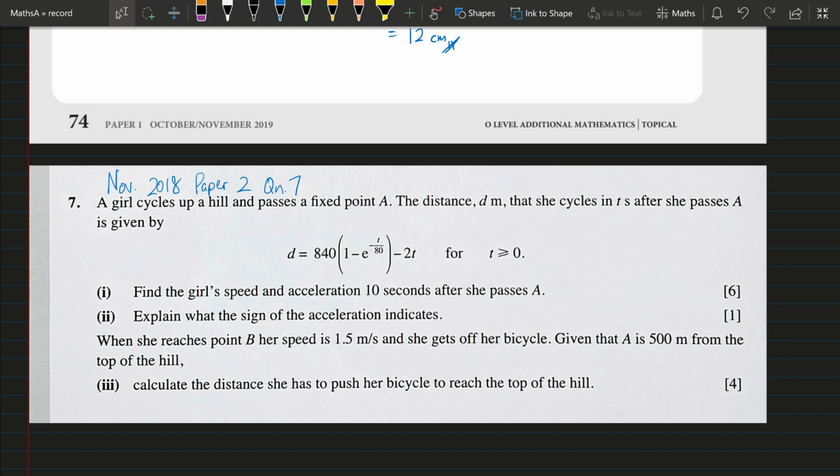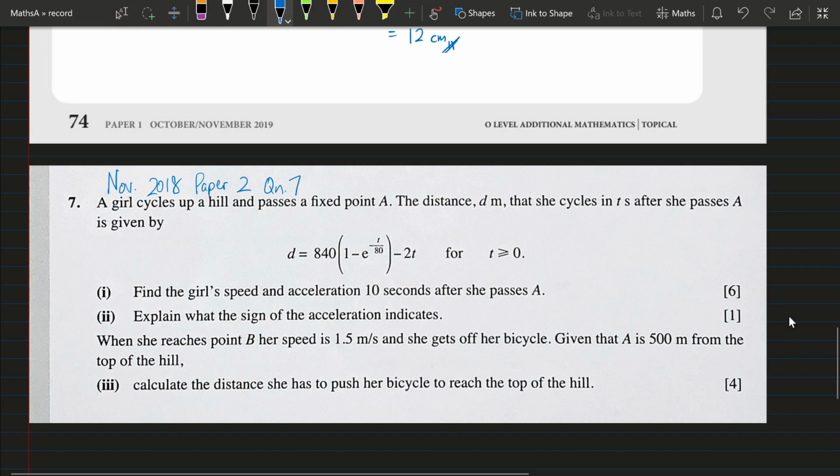So this one doesn't look too difficult, because exponential differentiation and exponential integration actually aren't that hard. But in this one the numbers look rather ugly, like there's an e to the power of negative t over 80. So you've got to be very careful with the constants later on.